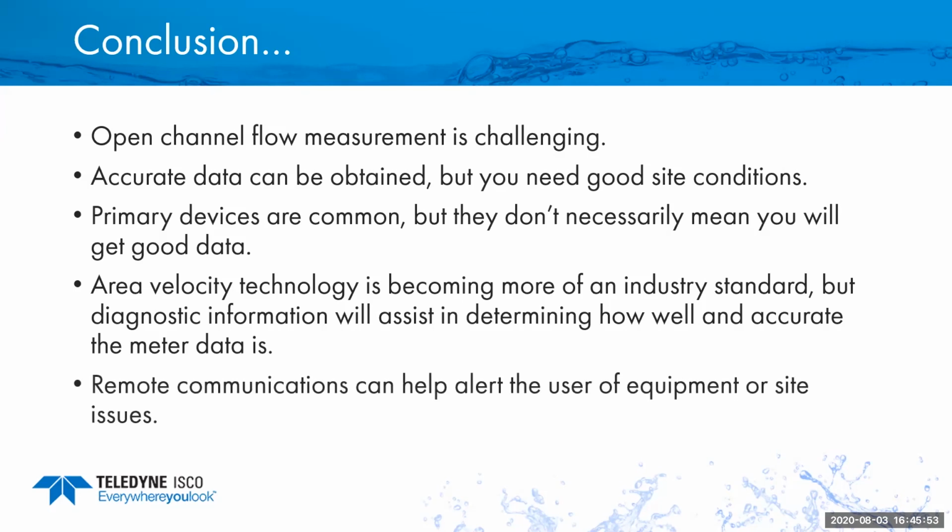Remote communications, this is another big one. Everybody is going to cellular. You will be seeing Flowlink Cipher out shortly. That is our web hosted version of software that will allow you to transmit data from the field to the web and be able to view all that remotely.